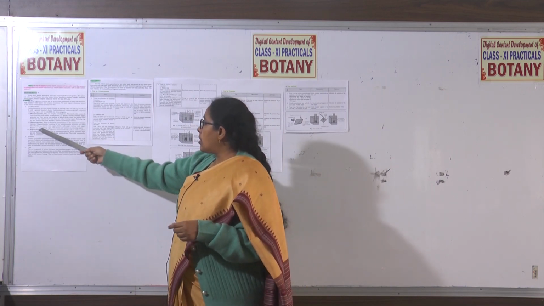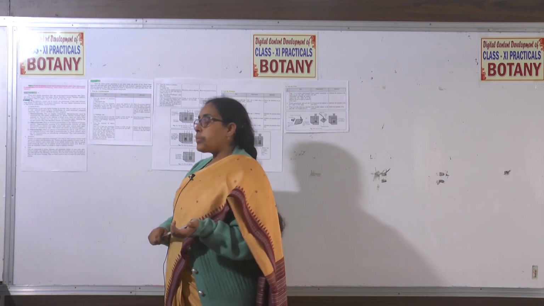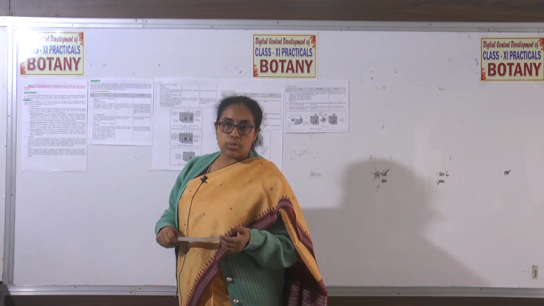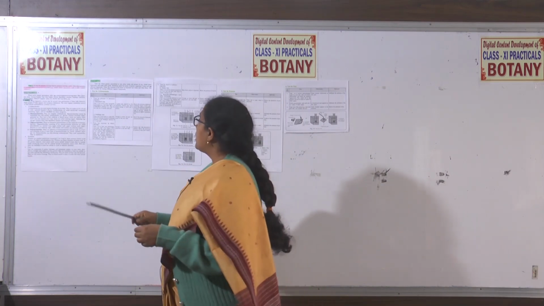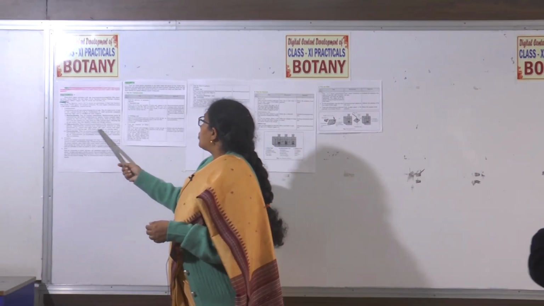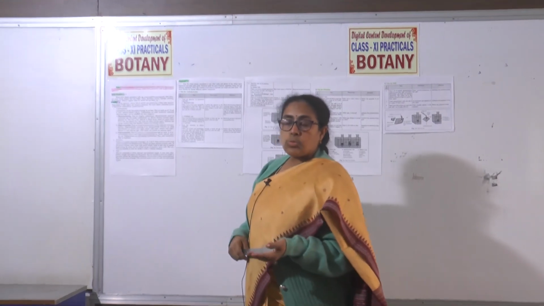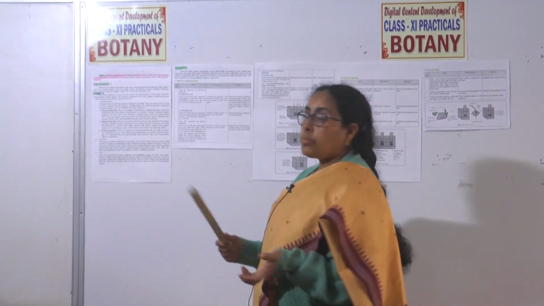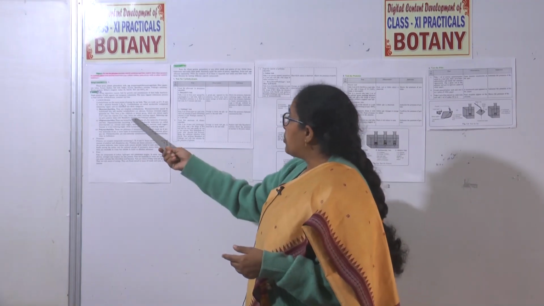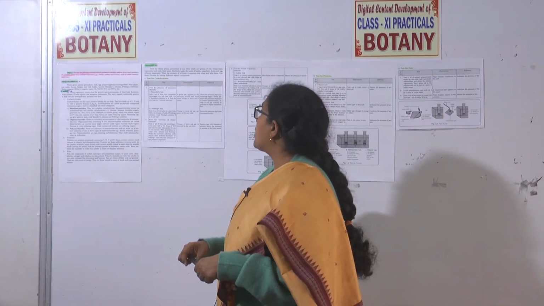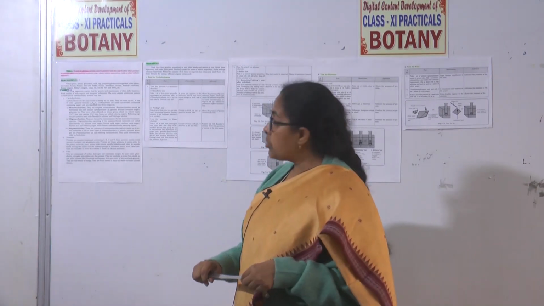Second is oligosaccharide, formed by 1 to 10 molecules of monosaccharide units joined by glycosidic bonds, like lactose and maltose. Sucrose is a non-reducing sugar. You might have studied in theory that monosaccharides are reducing sugars, which can be tested by Benedict's solution or Fehling's solution.